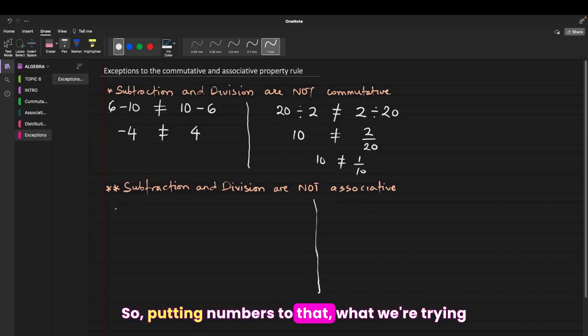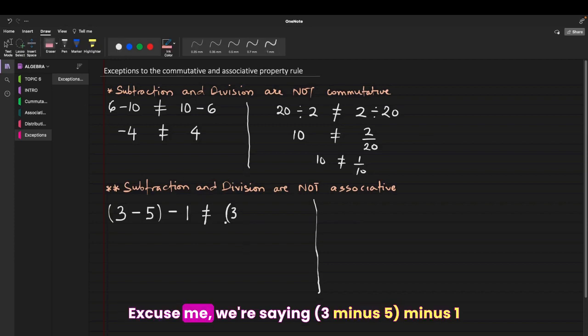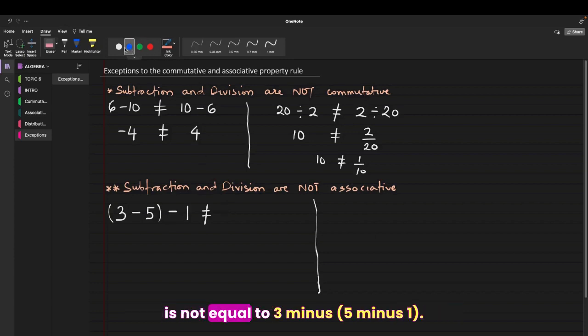So putting numbers to that, what we're trying to say here is that (3 minus 5) minus 1 is not equal to 3 minus (5 minus 1).